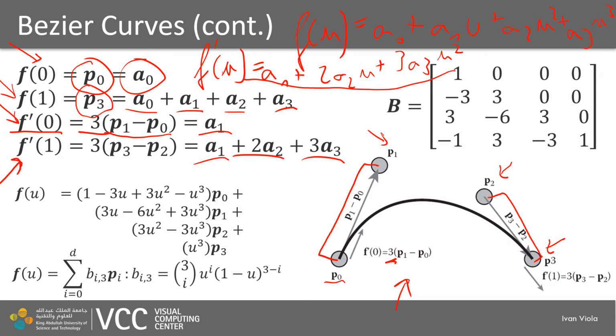So here we have the correspondence between the points and the coefficients A. For example, as we know P0 from the first equation, we can enter it into the third equation to find out what P1 is.